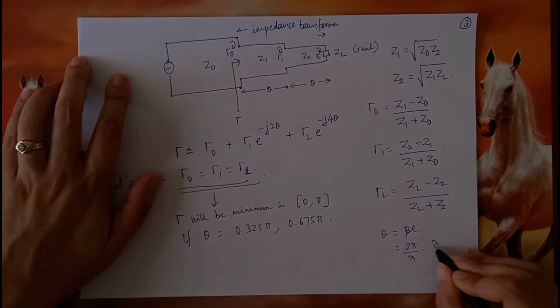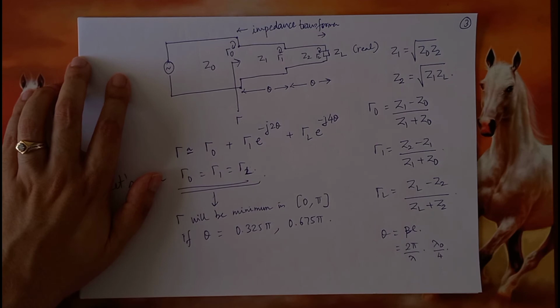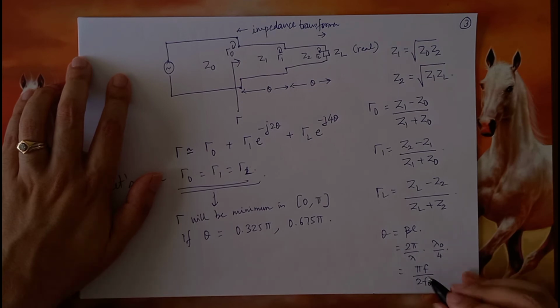But I can always fix my length to some lambda 0 by 4. So if I now replace lambda with frequency, what I get simply is pi f by 2f0, where f corresponds to lambda and lambda 0 corresponds to f0. This is the same one which we had derived when we were finding out the bandwidth of the QWT.